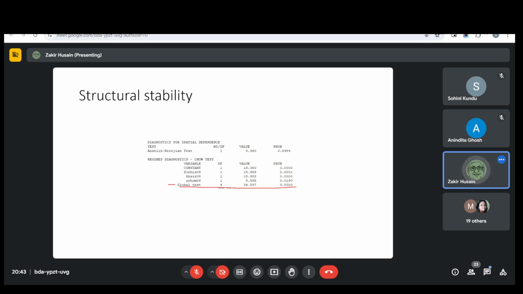You can see that the null hypothesis is rejected. The null hypothesis was there is no structural instability. So we can see that there is structural instability. And over here we have a test for each of the coefficients. So for the coefficients also, you don't have structural stability.